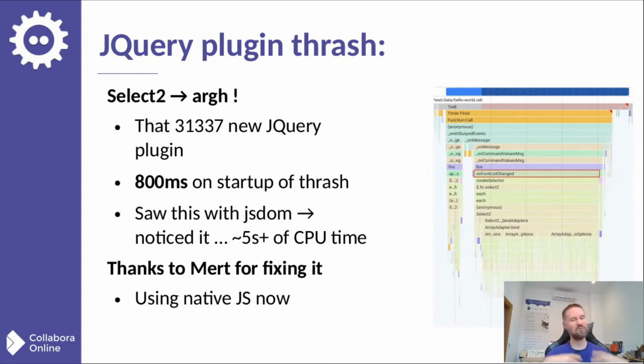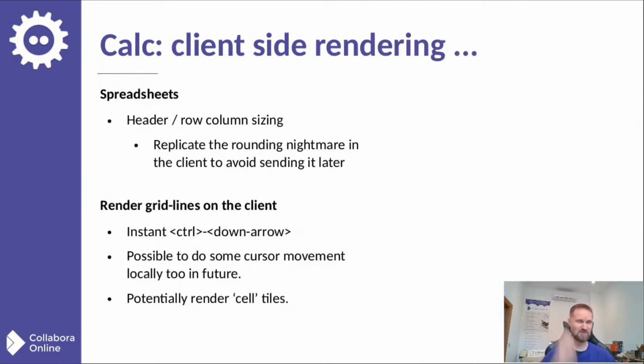Unbelievable. And of course, we run this in our profile now under JSDOM, and it's even more expensive in JSDOM. So like 5 seconds of CPU time, you really notice it. So thanks to Mert for fixing that. And we use now native JavaScript and do just a much simpler algorithm. And hopefully we'll kick that code out shortly. I'm sure it's very useful in some other case, used sparingly, let's say.